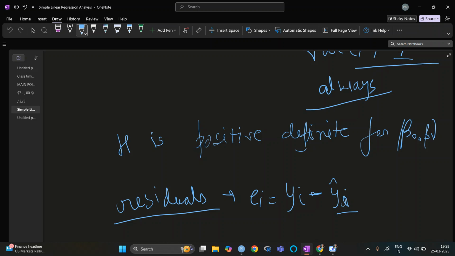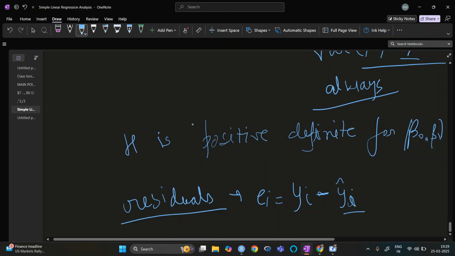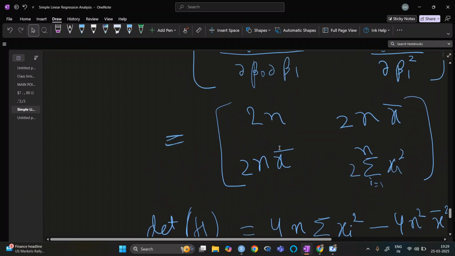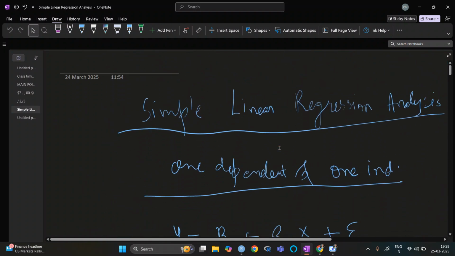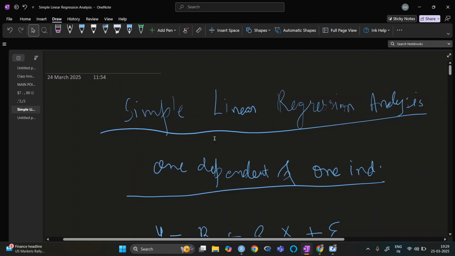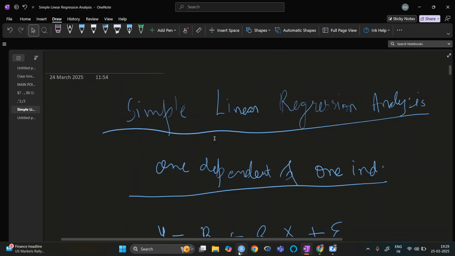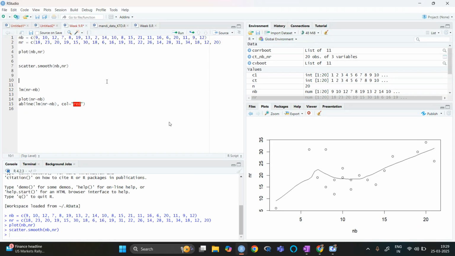The next thing is that we need to implement all of these in R. So we need to fit all of this in R. That will be the last part of our class, because the questions related to this are very simple and similar, so I have not made different questions. We will see it here only.